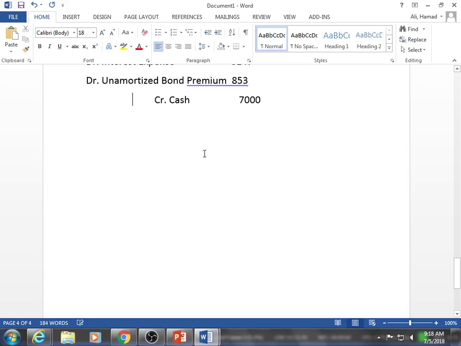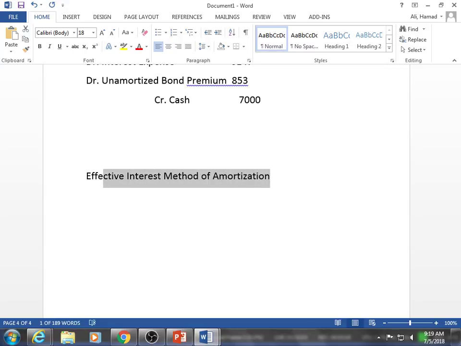Let's go to the effective interest method of amortization.